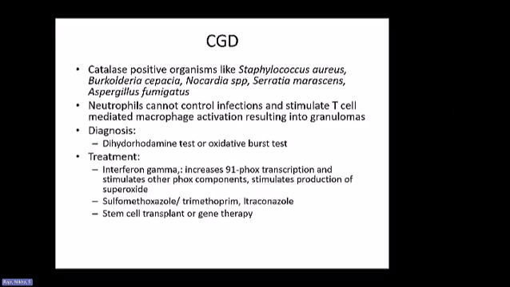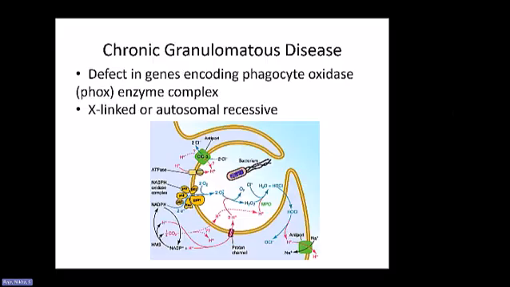Why is it catalase positive organisms? When there is a defect in this complex, it cannot give rise to hydrogen peroxide. However, the microbes themselves have their own system, their own oxidase, to give rise to hydrogen peroxide.